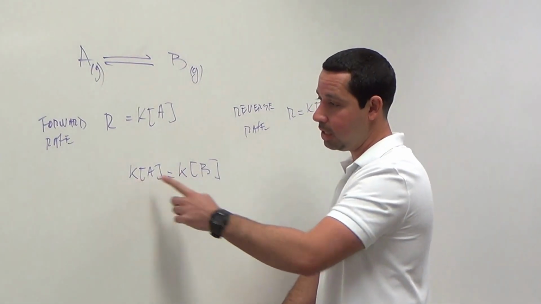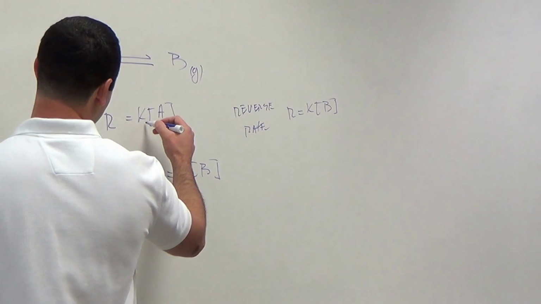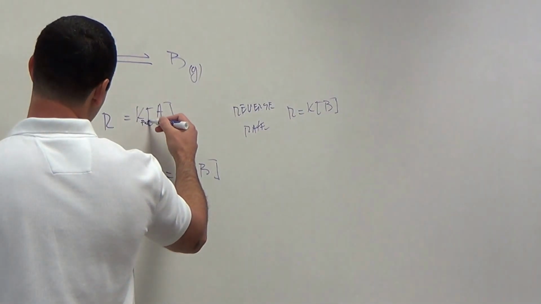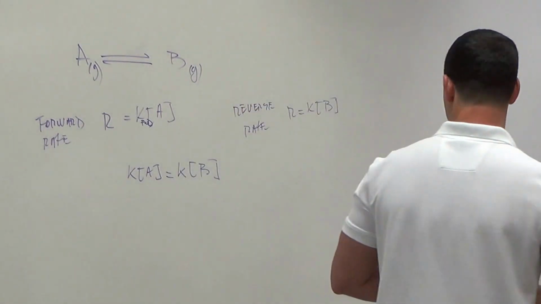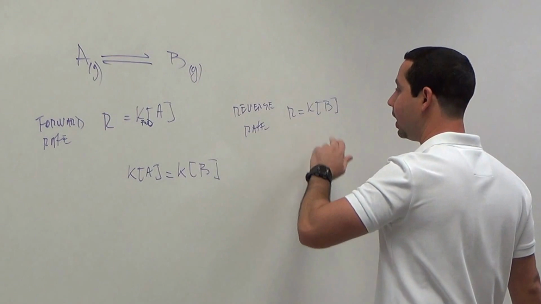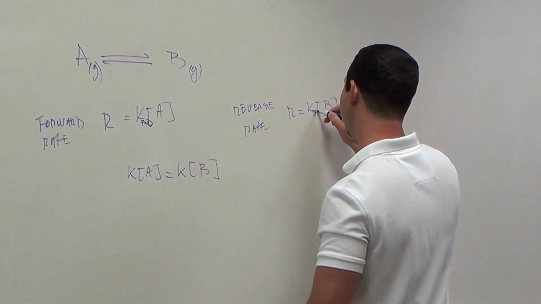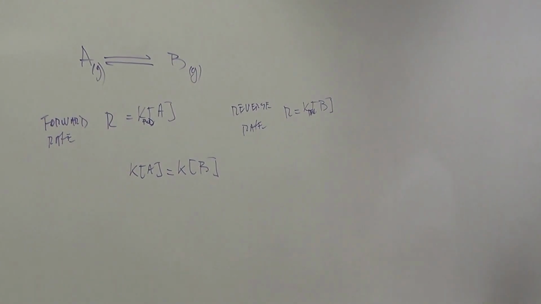Let's differentiate between these k's, okay? Let's say we're going to call this k_FWD for forward. That's the rate constant for what process? For the forward process. And let's call this k_REV for the reverse process.